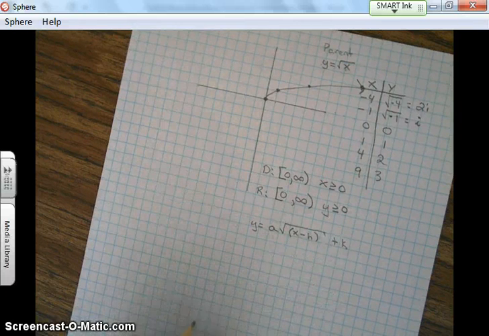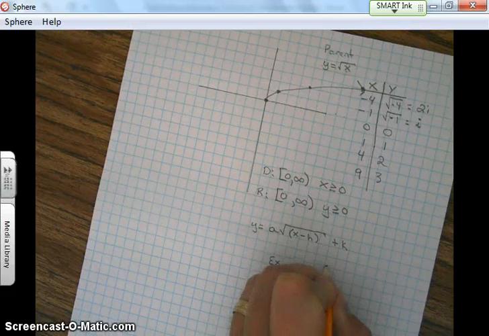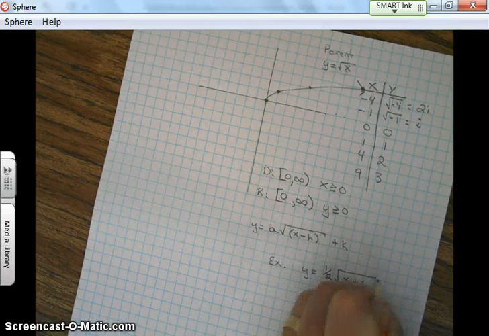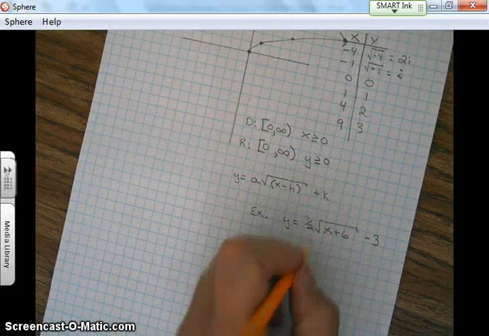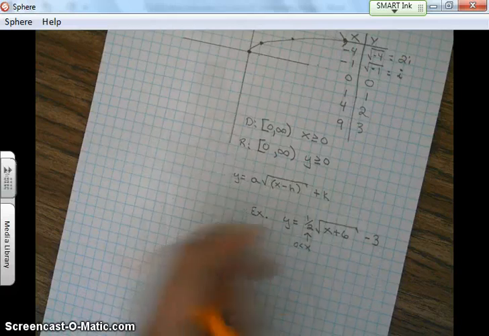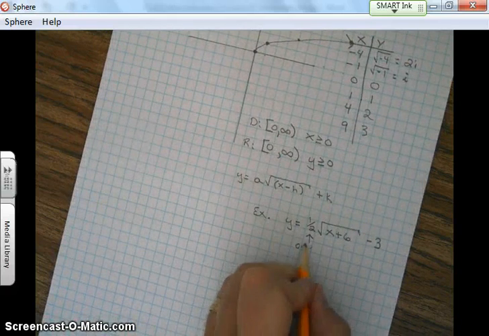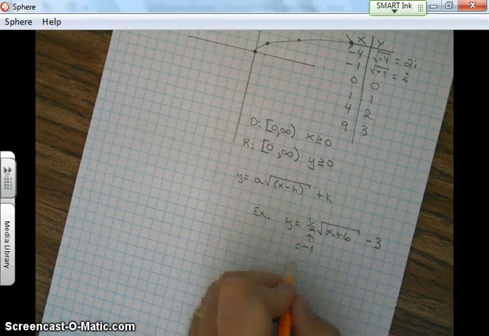Okay? So for example, if we have y equals 1/2 the square root of x plus 6, minus 3, since this value is between 0 and 1, it's going to be a vertical compression.